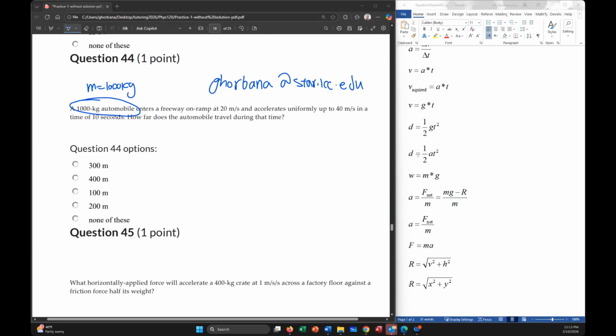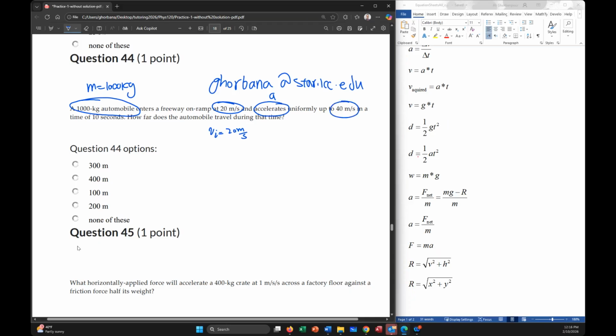And it enters a freeway on a ramp at the speed of 20 meter per second. So it means that the initial velocity is 20 meter per second. And it accelerates, yes, up to 40 meter per second.